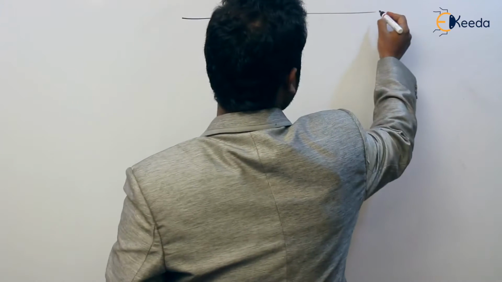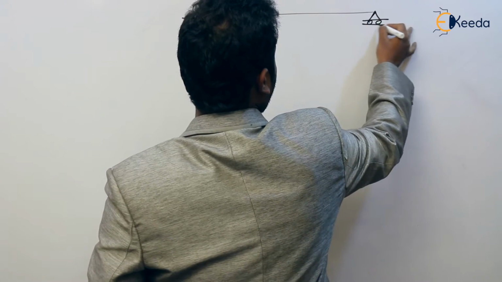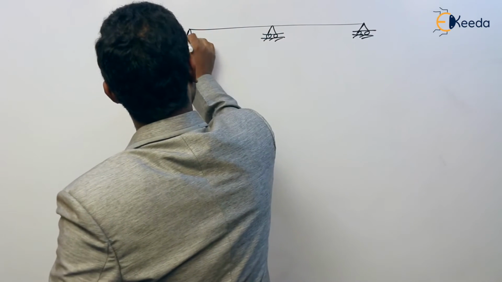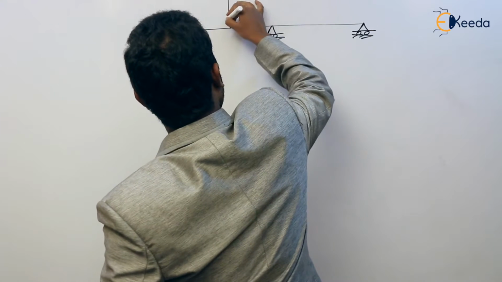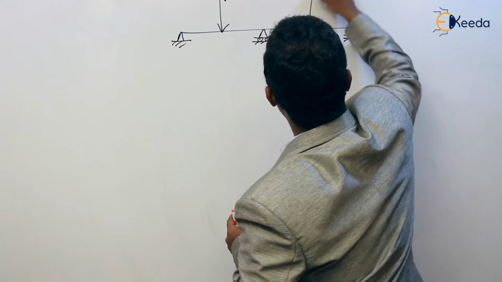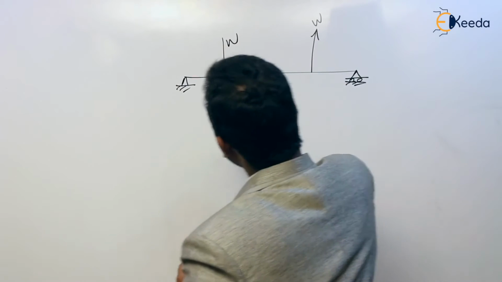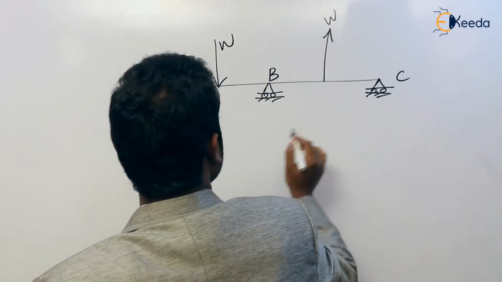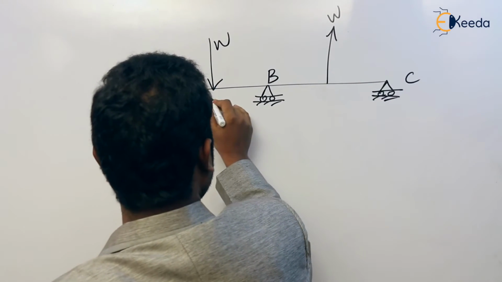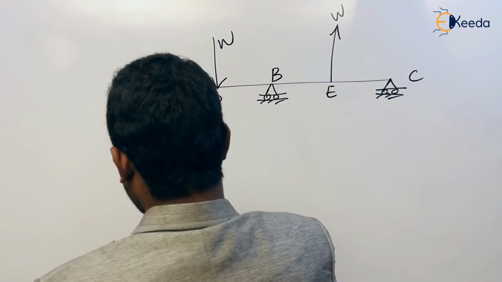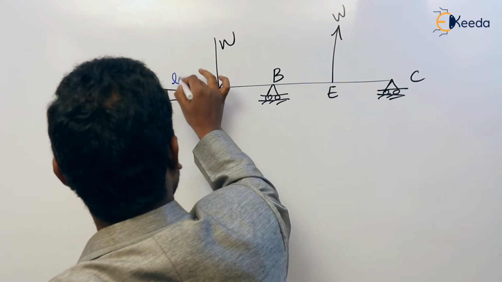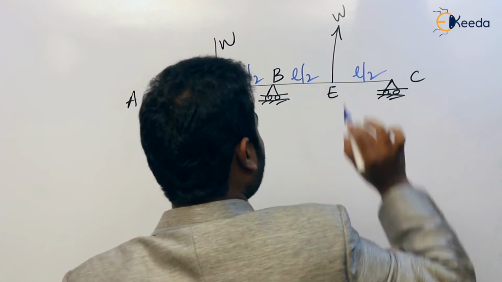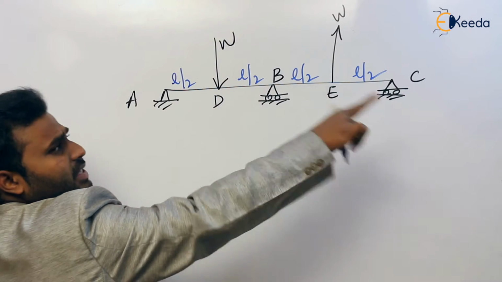So this is a beam. ABC is a continuous beam.